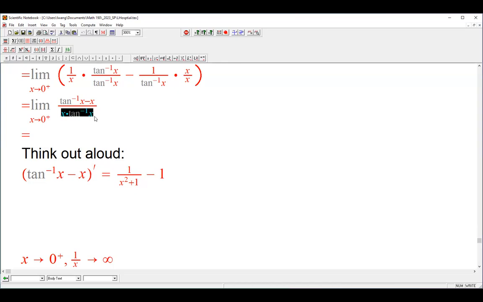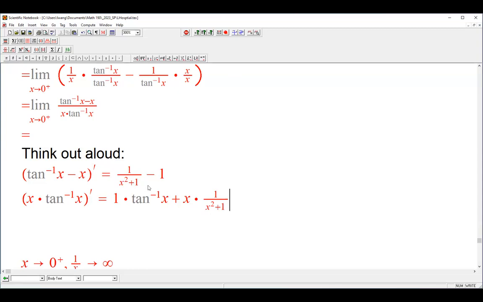What is the derivative of x times arctangent? Well, we use the product rule. The derivative of x is 1 times arctangent, adding x times the derivative of arctangent, which is going to be 1 over x squared plus 1. So the next step is going to be just like this.